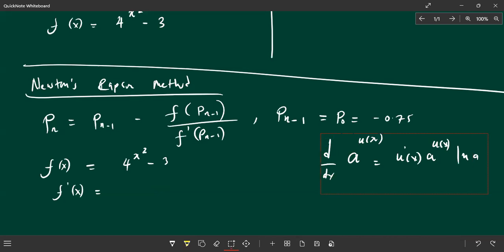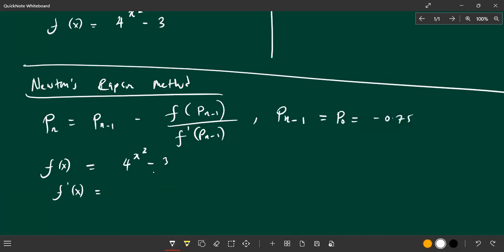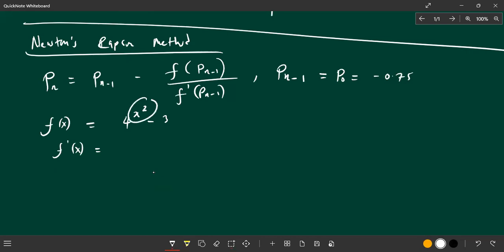So we find the derivative of the power here, which is just 2x, multiplied by the same function, and then the natural log of 4.